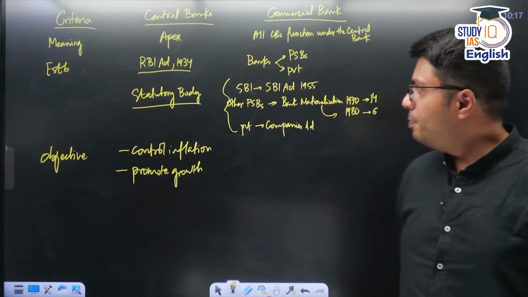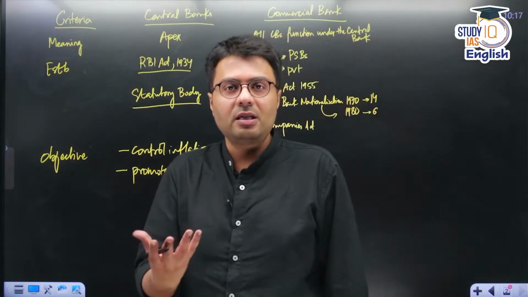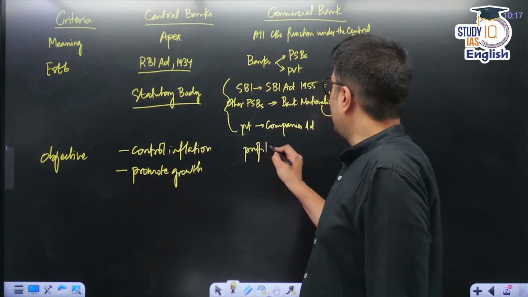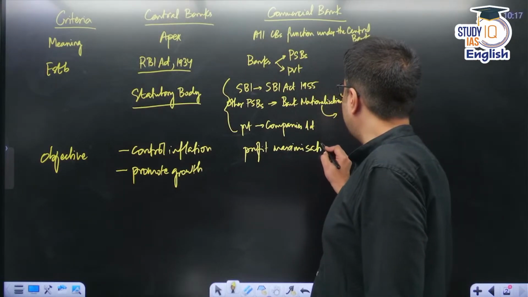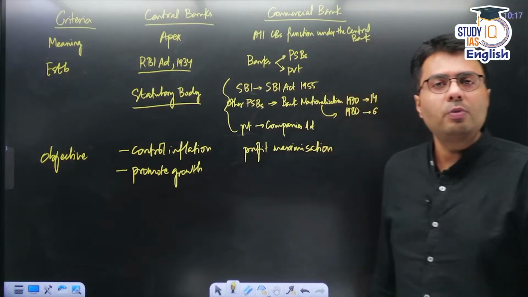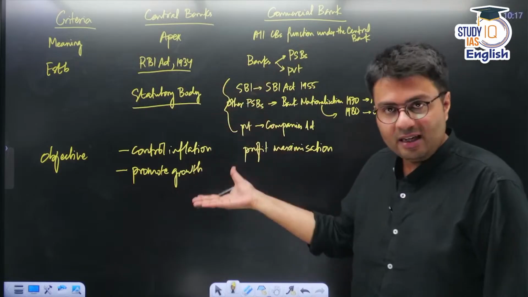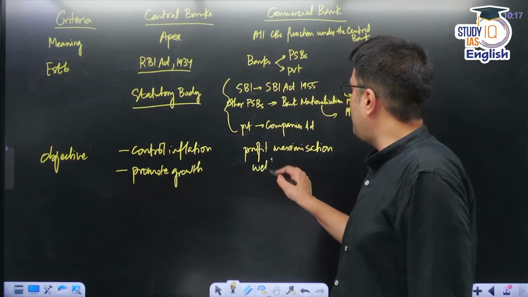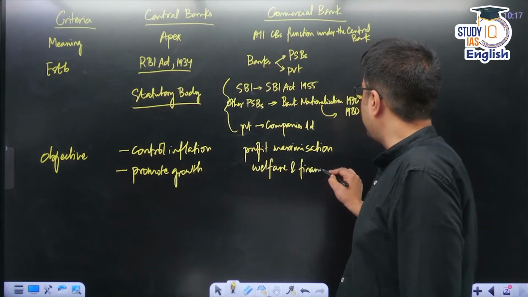Now, what do you think would be the objective of commercial banks? You need to know that commercial banks, as the name suggests, work on the principle of profit maximization, right? So it is the objective of profit maximization based on which commercial banks work. But you need to understand that government had set up public sector banks for certain intentions, and this intention was to ensure welfare and financial inclusion in India.